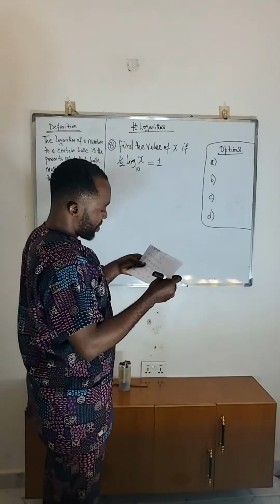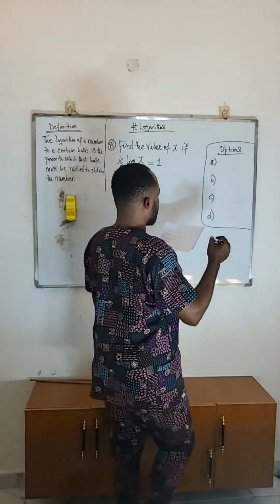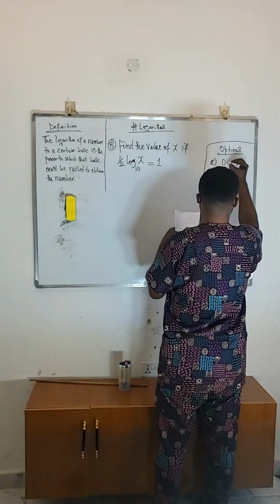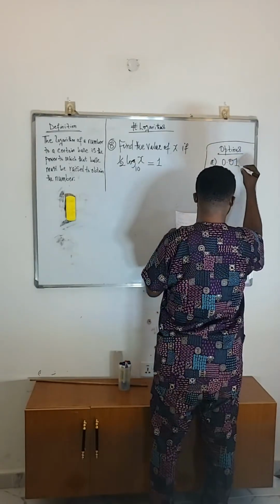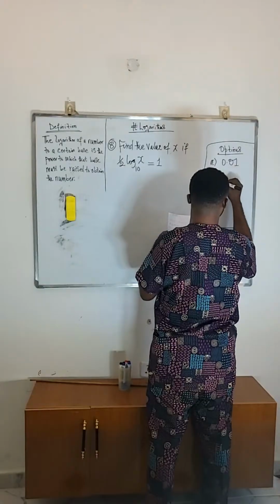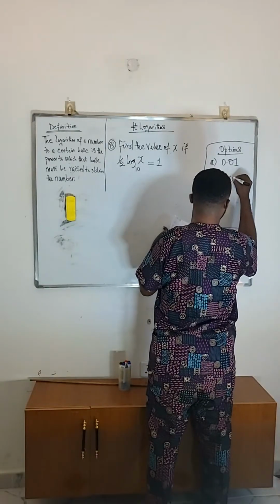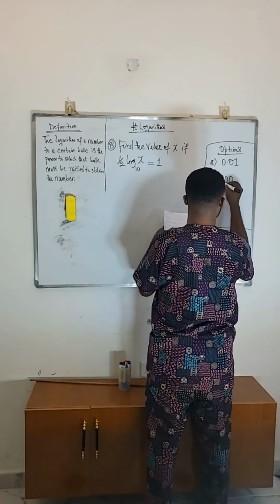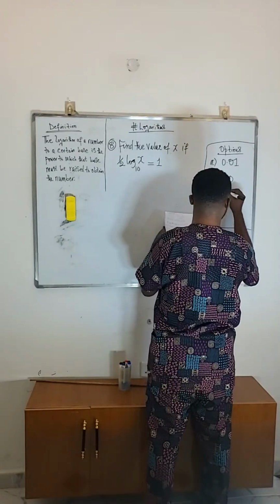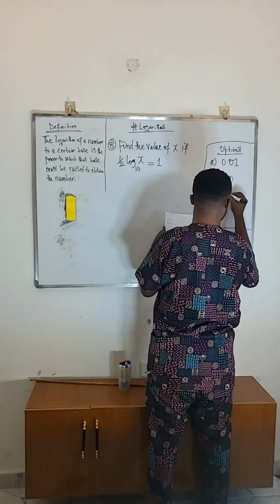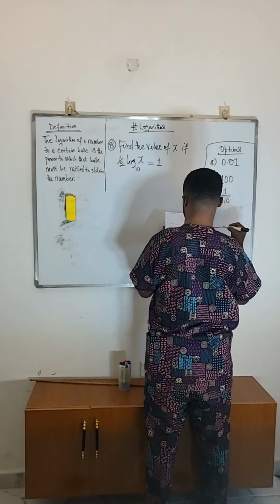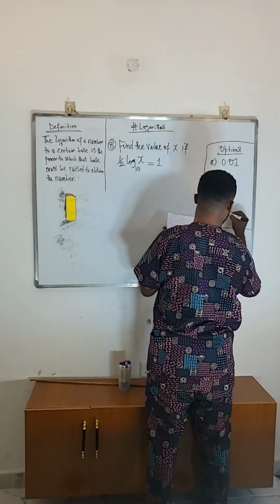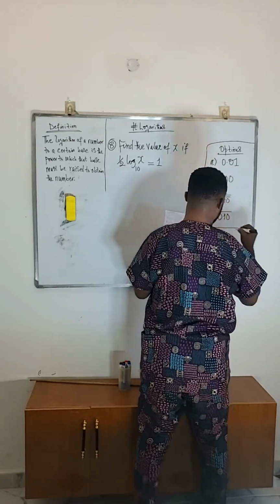This one has options like 0.01. The next one is 100. The next one is 1/√10, and the next one is √10 itself.